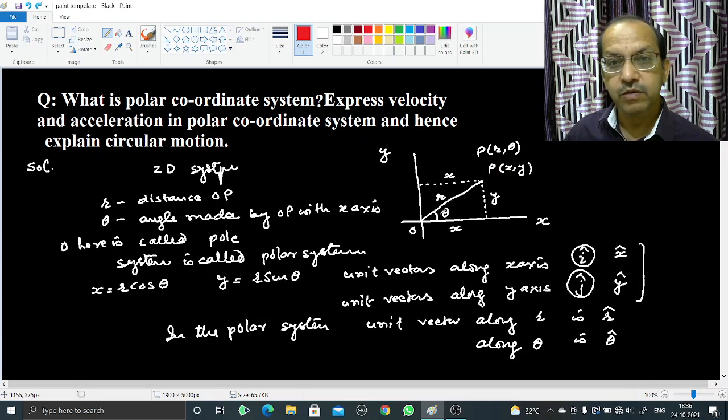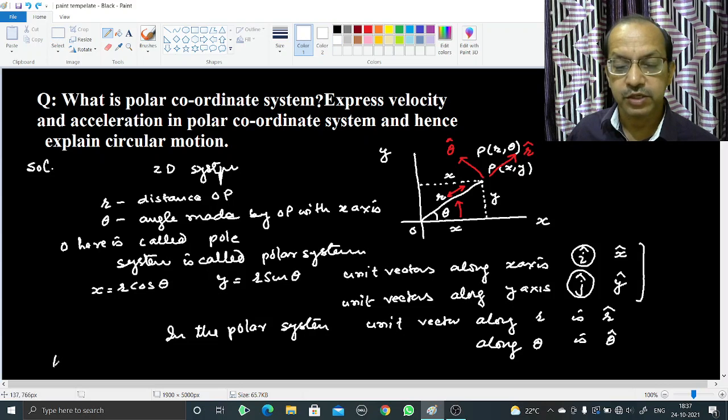The direction of increase of R will be along this line, and the unit vector along it is R cap. Theta is measured along this direction, and the vector perpendicular to R cap will be the theta cap. The theta cap makes an angle of 90 degrees with the R cap. So R cap makes an angle theta with the x-axis, and the theta cap makes an angle 90 plus theta with the x-axis.